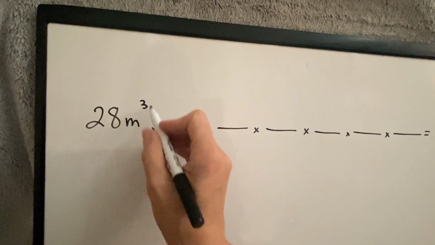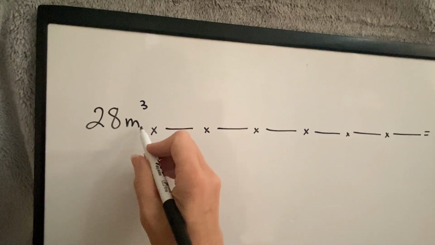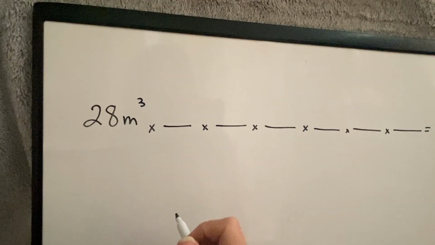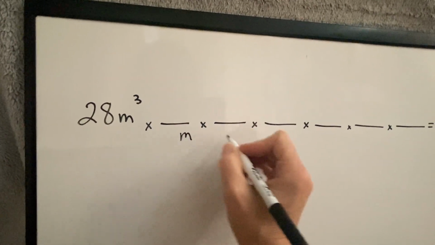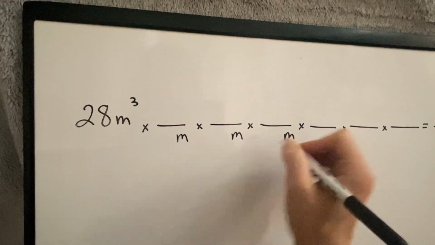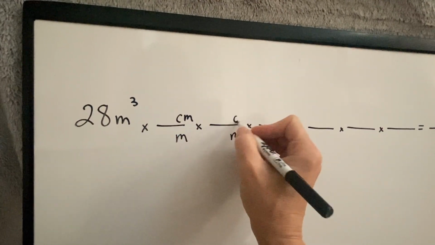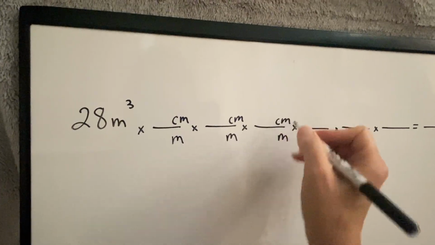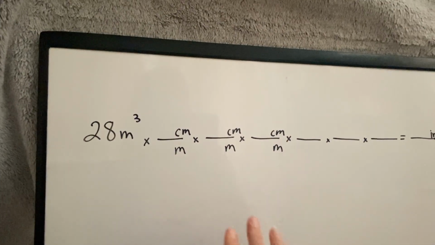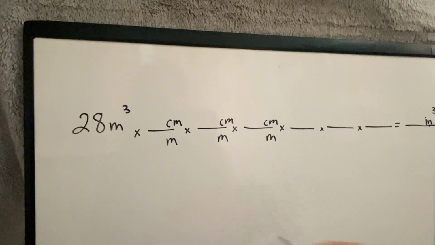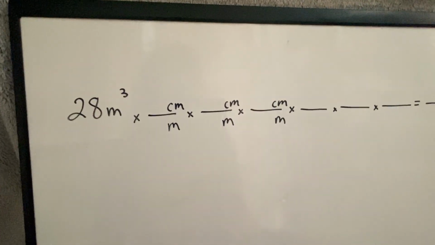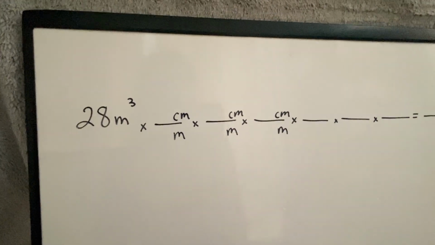So let's start off by changing this cubic meters to cubic centimeters first. So remember, we want to get rid of the 3 meters times each other, and we want to change that to centimeters. Now remember, we have to change it to cubic centimeters. We can't just change it to centimeters because there's a big difference between a straight line and a dice, okay?